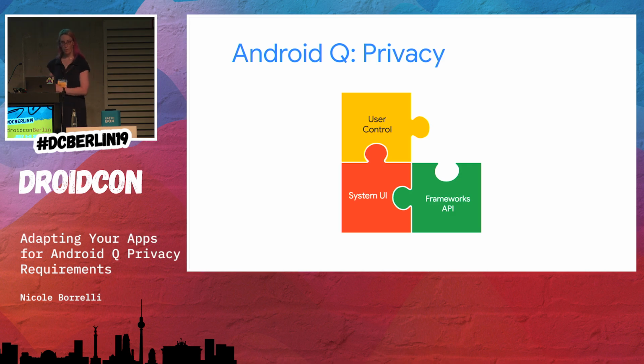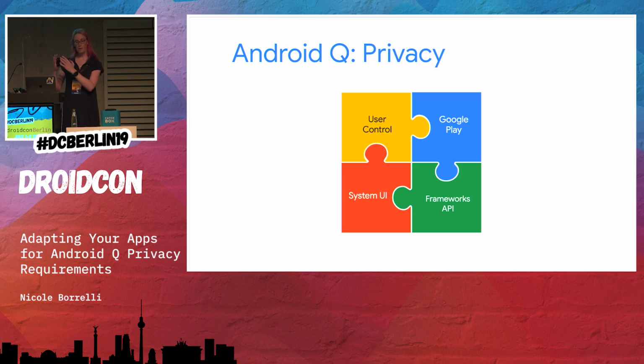And then with Play policy, while we're making the changes on Q for limiting access to certain pieces of data, we can make policy changes that, in effect, allow those restrictions to work on older OSs, even though we might not be able to update them the same way.